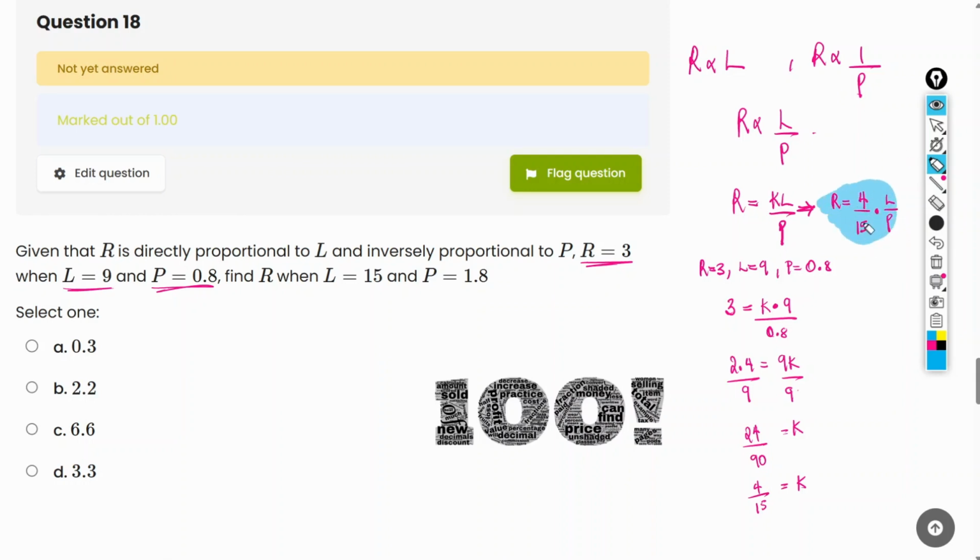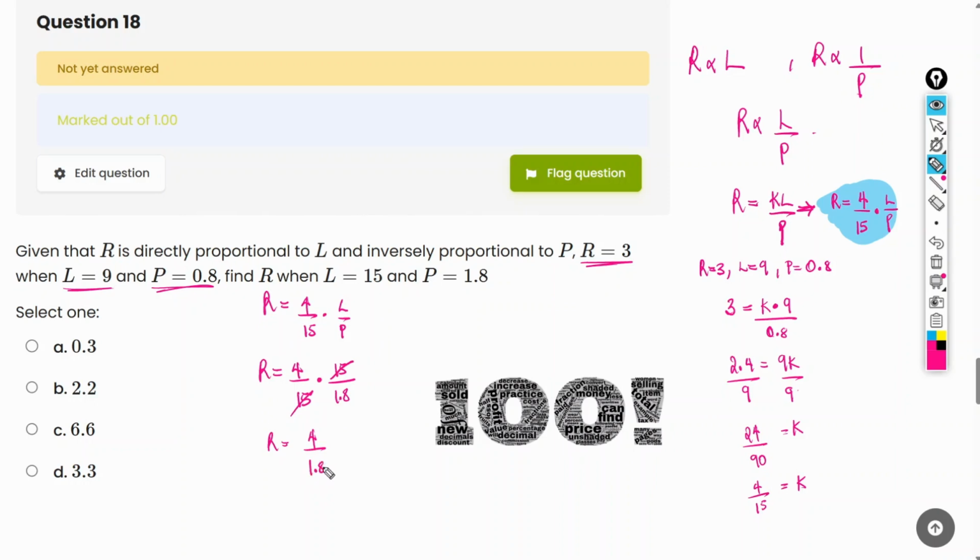Once we've established this, all that's left is to plug in to solve for whatever they ask us for. At this point, we know that R is equal to 4 over 15 times L over P. So let's plug in L and P, and we'll have R is equal to 4 over 15 times 15 over 1.8. 15 cancels out 15, so we're left with 4 over 1.8.